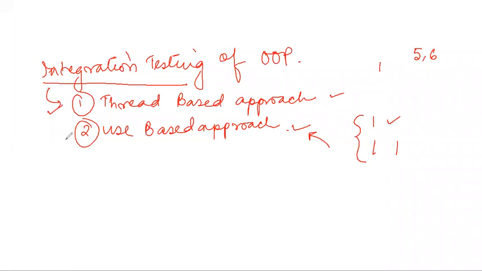But the use-based approach is where those classes which do not require service from other classes are quickly integrated and tested, so that they may be available to the classes that may be needing them. Okay. So these are the two main integration testing approaches of object-oriented programs. With this, the integration testing topic is finished.